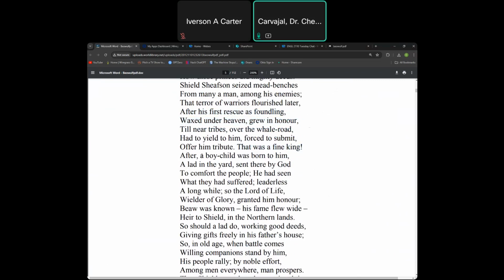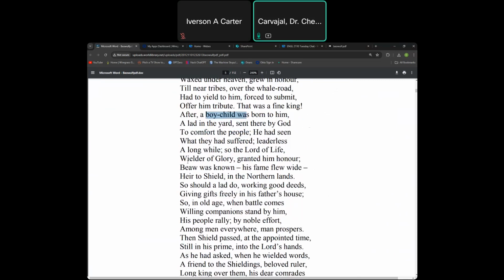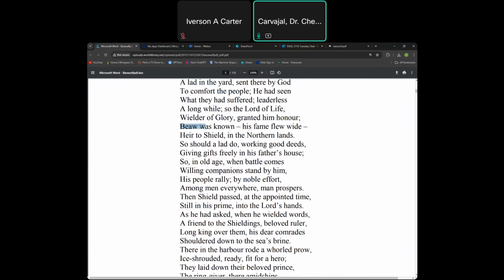And then he had a kid, and his name was Beo, which is probably most related to the word bear. He was really famous, and he was heir; he inherited the lands.